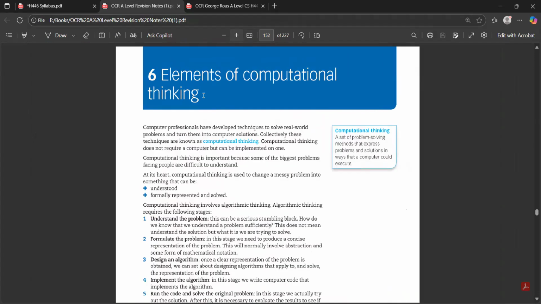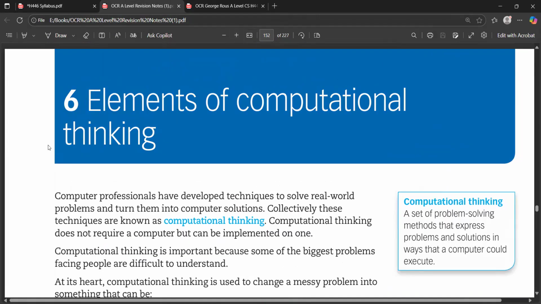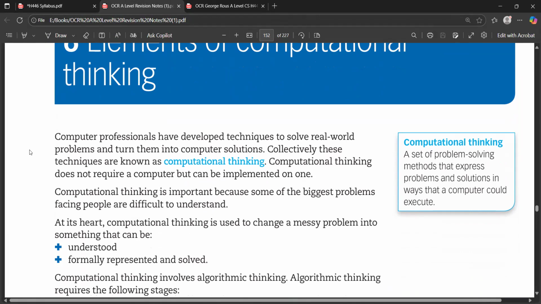We discussed this in the last class as well, and here is basically the summary of what we did. Computational thinking is a set of problem-solving methods which expresses your problems and solutions in a way that a computer can execute them. Computer professionals have developed this to solve real world problems and turn them into computer science problems.